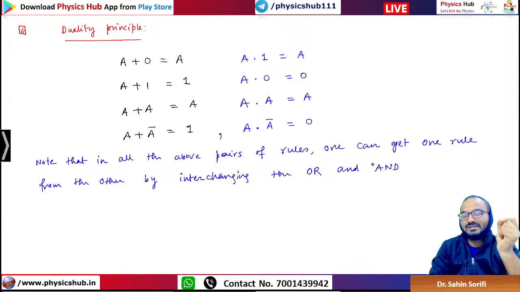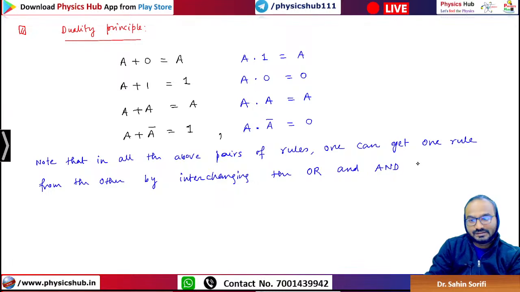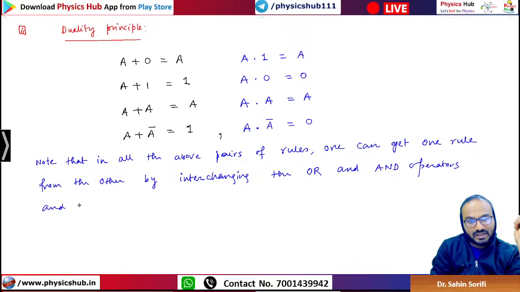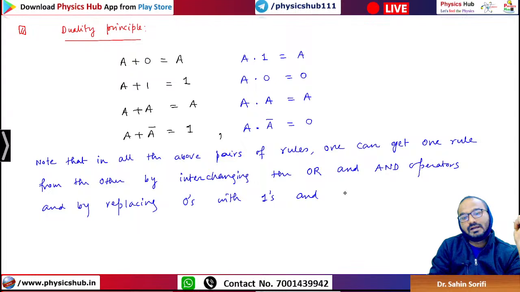Whenever you want to represent the AND gate, you will write capital AND in this way. Interchanging the OR and AND operators, and by replacing zeros with ones and ones with zeros.